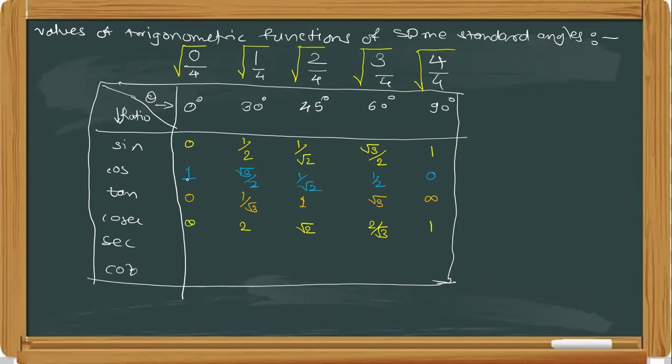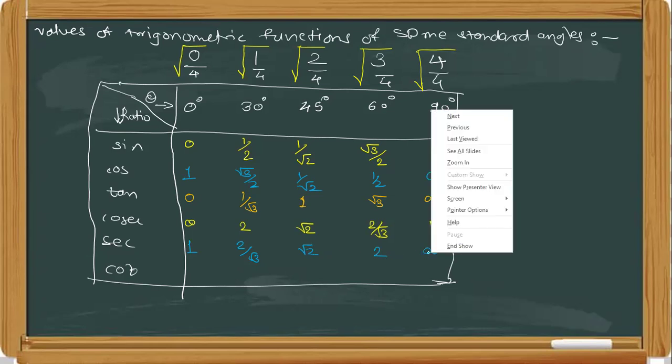Sec is 1 upon cos. It will be 1, then 2 upon root 3, then root 2, 2 and not defined.